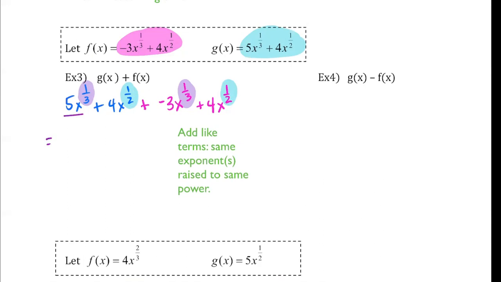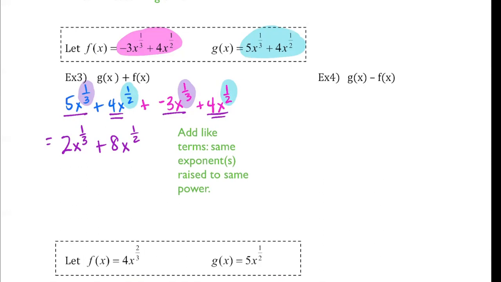All right, so here these will be 2x to the 1/3. And then the next term, the 4x, that'll be 8x to the 1/2. Again, you just add the coefficient. The base and the exponent don't change when you're adding and subtracting like terms. You just add or subtract that coefficient.